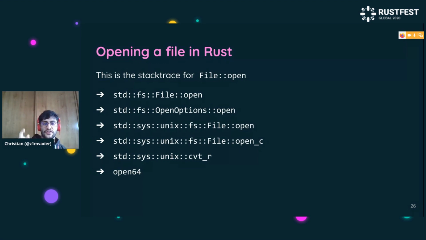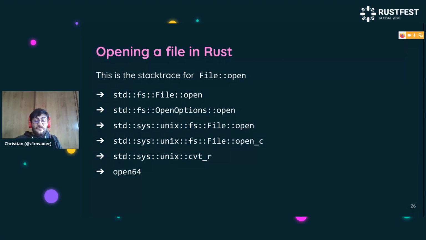Then we have 4 functions that are specific to Unix-like platforms, so those only run on Linux, macOS, BSD and so on. And then we have this open64 function at the end. The funny part about this open64 function is that it's not even a Rust function. It's a C function, the Linux system call to open a file.